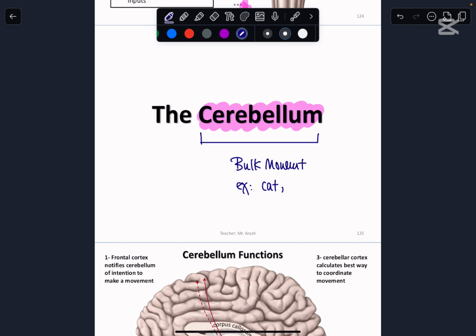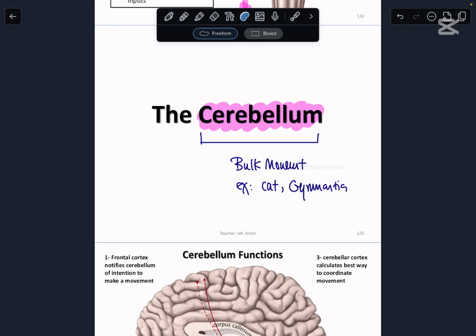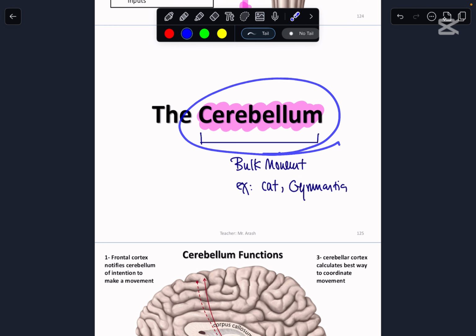I do use the example of cats. I also use the example of if you're a gymnast, gymnastics. So think of people who basically do those crazy aerobatic sort of movements in the air, on the ground. So that's the part of the brain that regulates that type of movement.